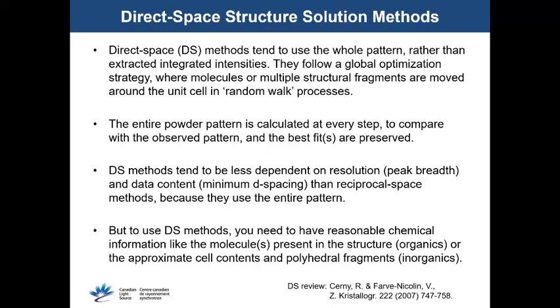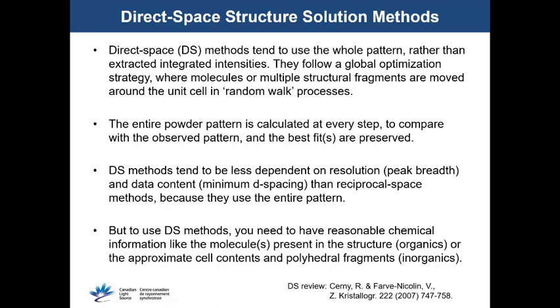What this does is allow you to avoid false minima or local minima to get to the final correct crystal structure. Because if you only saved things where they improve, you could end up in false minima that aren't the correct crystal structure. For these direct space methods, you have to create an appropriate starting model in order to use them.